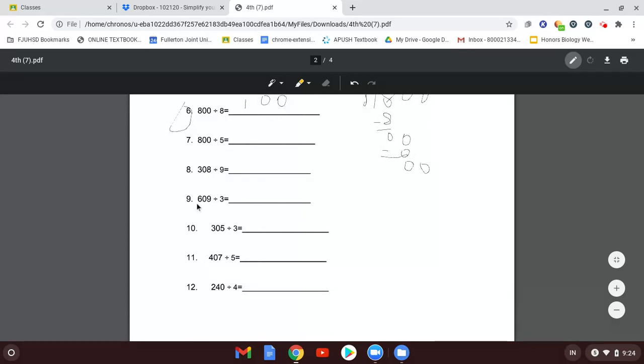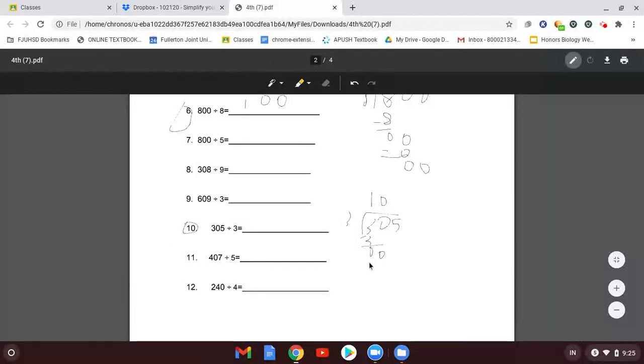Okay, let's try doing number 10. So 305 divided by 3. Okay, 3 can go into 3 one time. 1 times 3 is 3, subtract, which is 0. Then bring down this 0. 0 divided by 3 is 0.